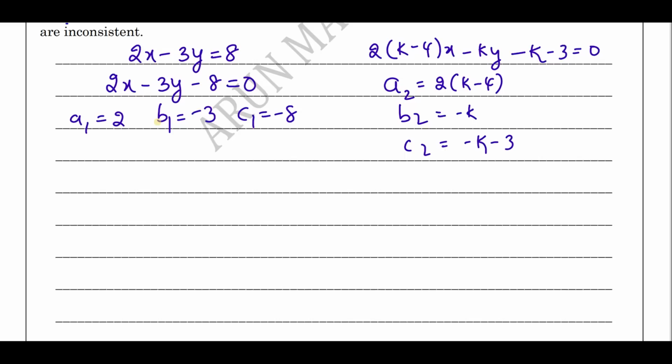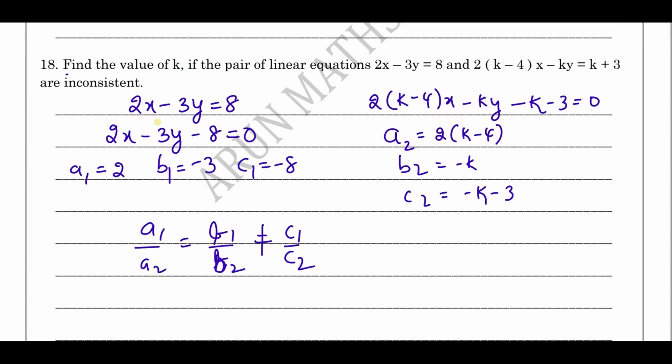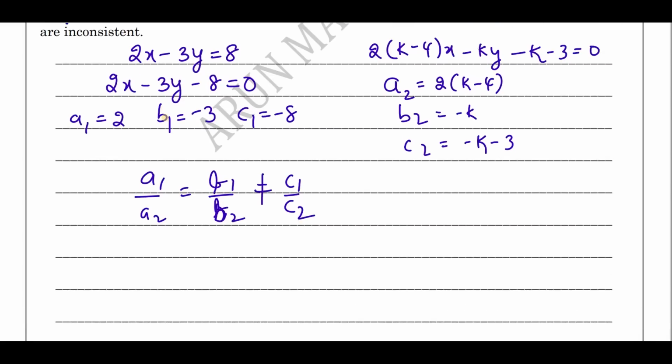The condition for parallel lines is a1 by a2 is equal to b1 by b2, which is not equal to c1 by c2. The lines are parallel. That means no solution. The solutions are inconsistent. Substitute the values of a1 by a2. a1 is k minus 4. What is a2? It is 2.